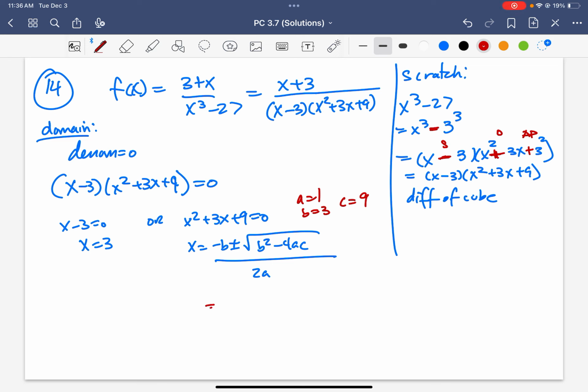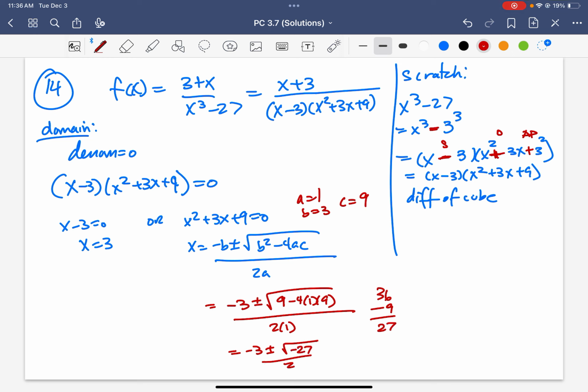And I think it's pretty clear that you're going to get negative 3 plus minus the square root of 9 minus 4 times 1 times 9 over 2 times 1. So you're going to get 9 minus 36, which is going to be negative 27. So these are complex answers, right?